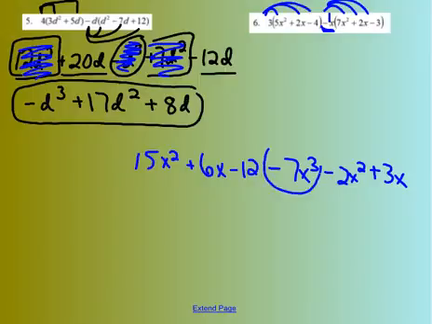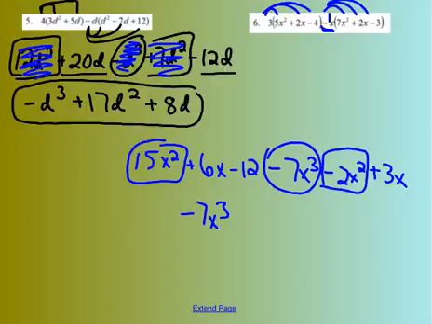You should see this as negative 7x cubed is our largest degree of 3. So that's first. Then I would look at this 15x squared and this minus 2x squared, which is plus 13x squared. Then I have 6x and 3x, which is plus 9x. Then I still have minus 12.